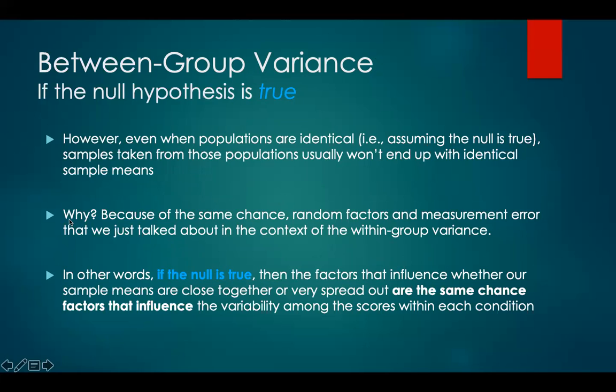However, even when populations are identical, so assuming the null is true, samples taken from these populations usually won't end up with identical sample means. Why? Because of the same chance, random factors, and measurement error that we talked about in the context of within groups variance. In other words, if the null is true, then the factors that influence whether our sample means are close together or very spread out are the same factors that influence the variability among scores within each condition.